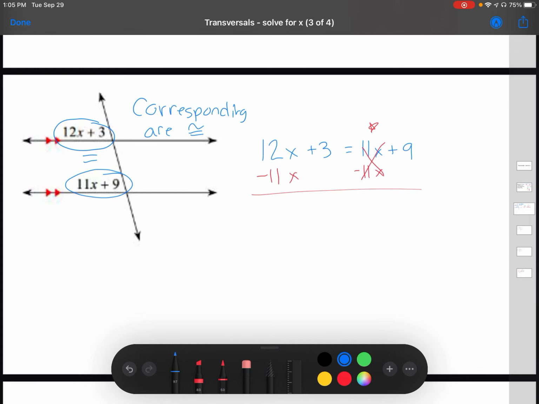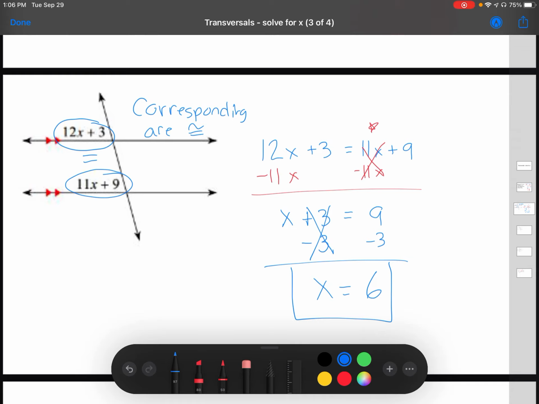I get 12 minus 11 is 1x. Plus 3 comes down, equal comes down, 9 comes down. Right. Next step is to add or subtract. So right now I have a plus 3. Opposite of plus is minus. Cancel out. X equals 6. Once x is alone, you're done. So x equals 6 here.